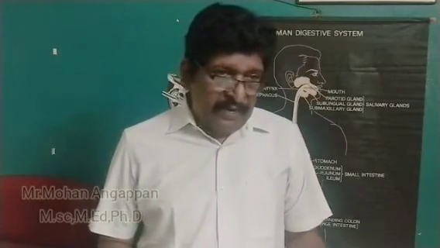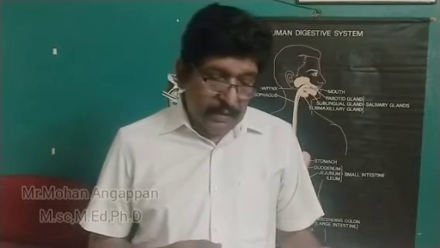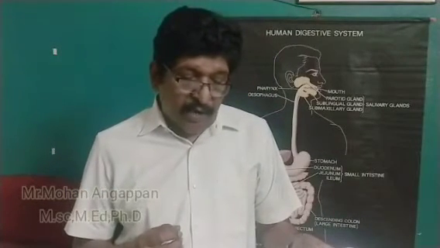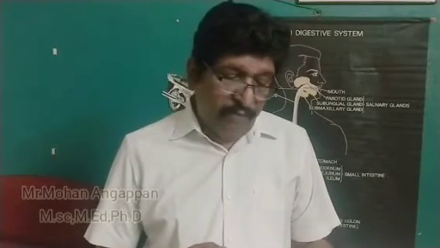From the liver, left and right, two ducts arise and they combine to form a common hepatic duct. This common hepatic duct joins with the duct called the cystic duct from the gallbladder and forms a common bile duct.